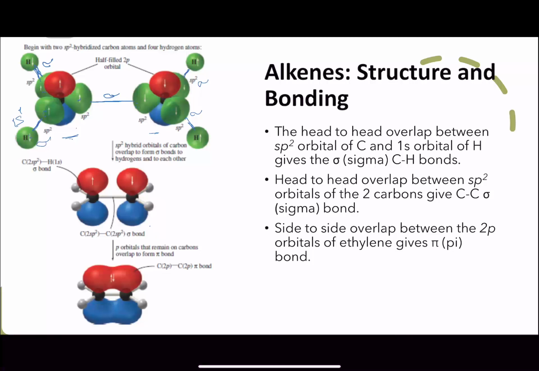The side-to-side overlap between these two unhybridized p orbitals forms the pi bond. Now you end up with ethylene that has a double bond between the two carbons, one of them sigma and the other a pi bond, and each carbon also has two hydrogens with sigma bonds. This is the hybridization state of alkenes and how the bonds are formed.